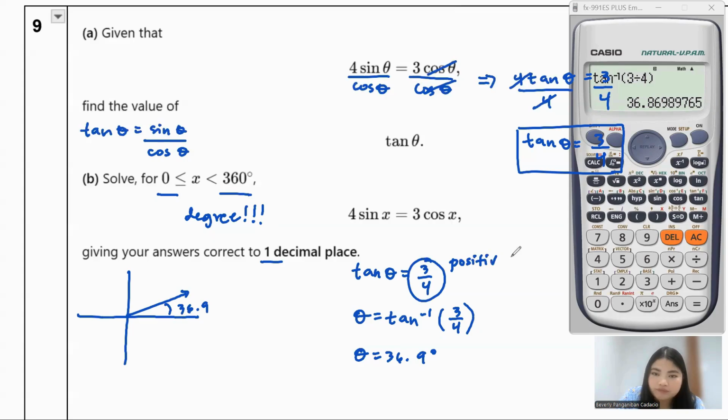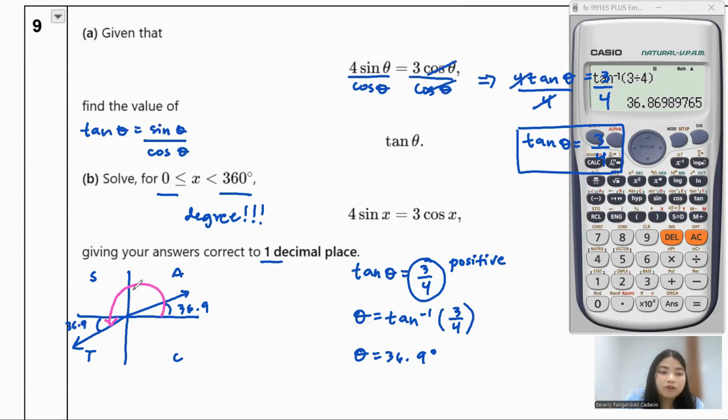If you still remember, ASTC, All Sick To Christ, ASTC. So your tangent is positive. In what quadrant? It's still positive here. But take note that the 36.9 is also 36.9 here. But the question there is always from standard. I want to know what is this to this one.